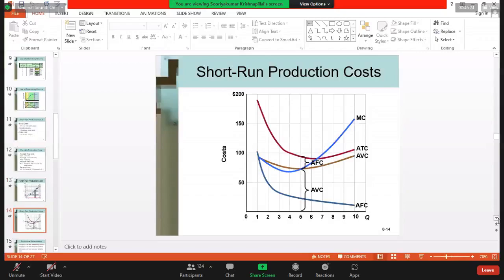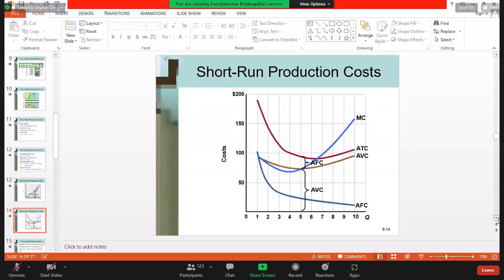So if we say the second labor produces 20 units, so that marginal product increases. For this additional 20 units, we are paying this additional labor $10. So this additional output costs $0.5, because the additional labor produces 20 units of output, but we are paying the additional labor also $10, the same wage.